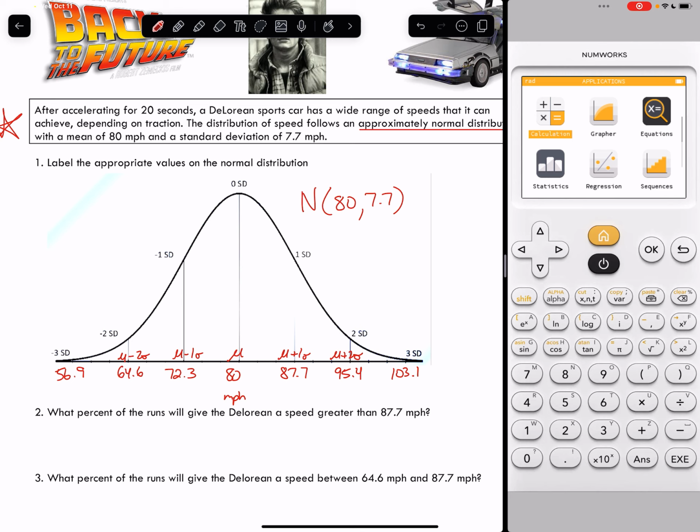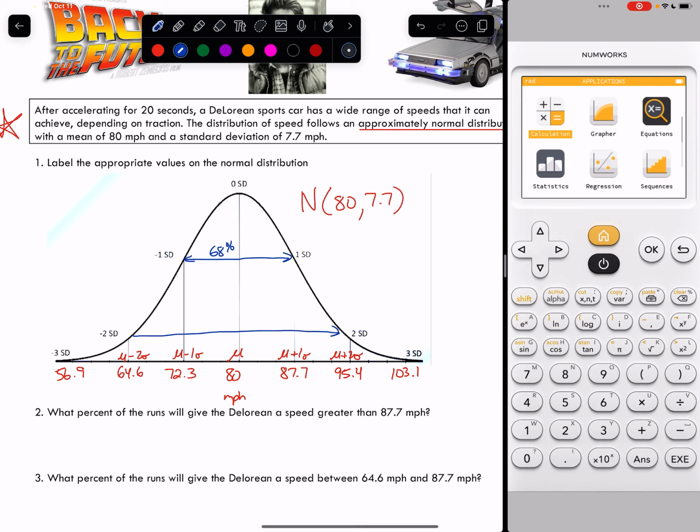And then a quick reminder. In between 1 standard deviation is 68% of our data. Within 2 standard deviations is 95% of our data.